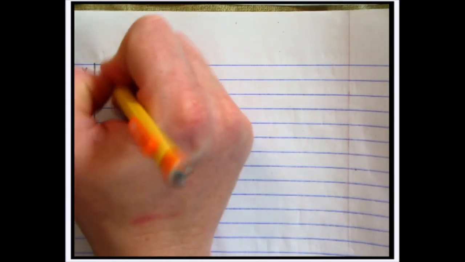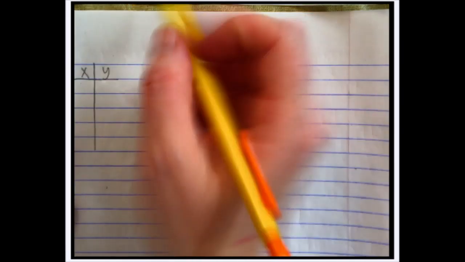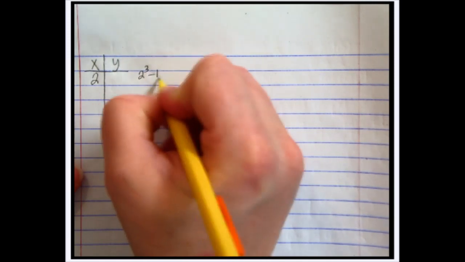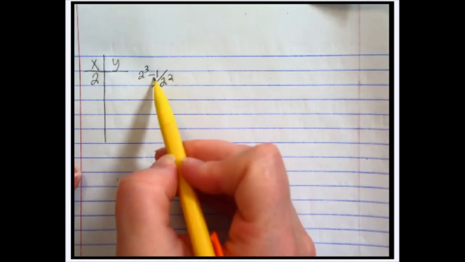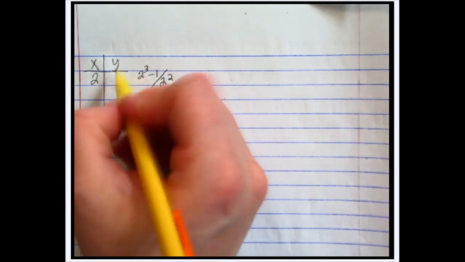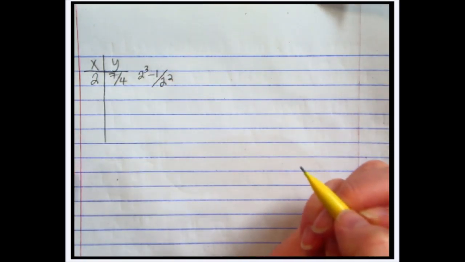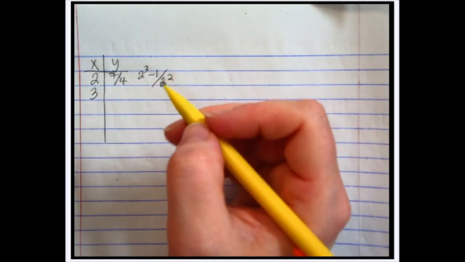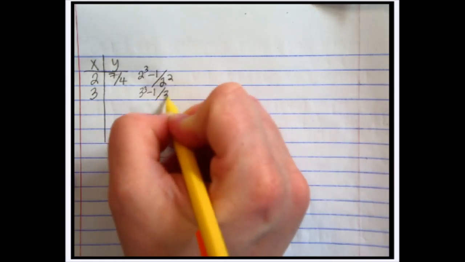So we have 1 up there, and we know 0 is a boundary, so let's try 2. So we get 2 cubed minus 1 over 2 squared. So 8 minus 1 is 7, and 2 squared is 4, so we get 7/4. And then if we do 3, we take 3 cubed minus 1 over 3 squared.